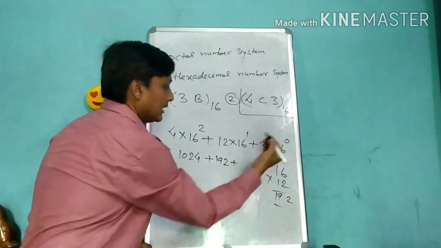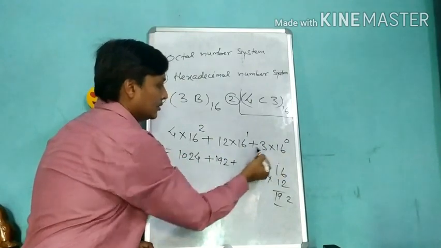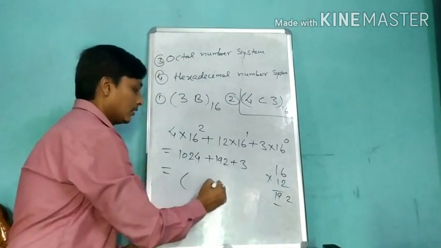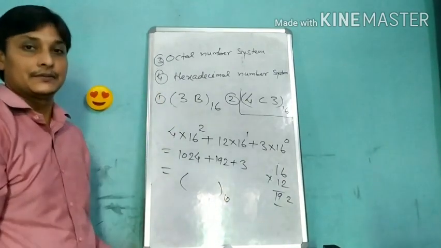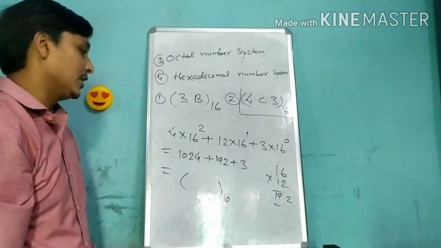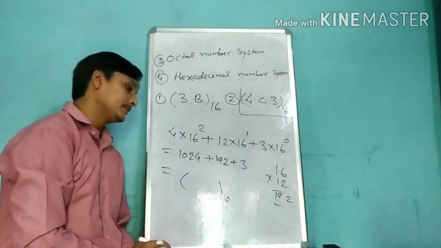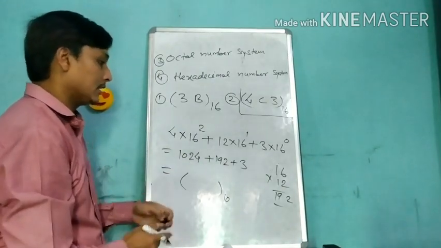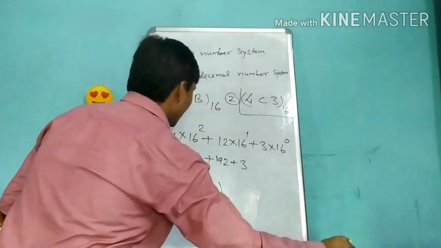192 plus whatever the value will come over here, the value will be 1 into 3. So 3. Add all these values, it would be your decimal equivalent. Any problem, anyone? It's very simple. Add all these numbers. What will we get?